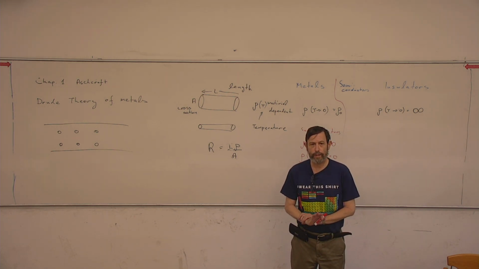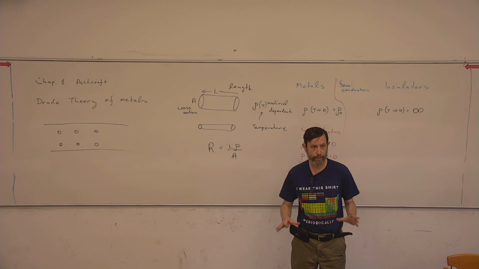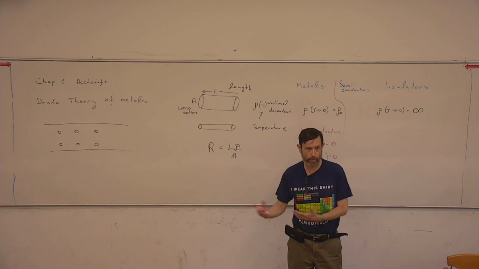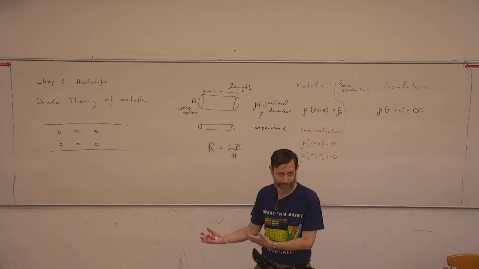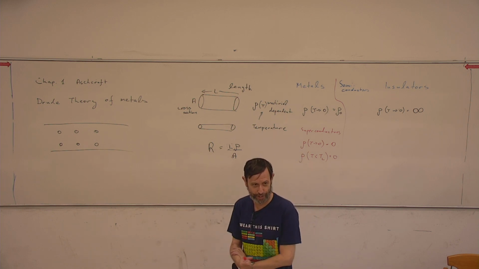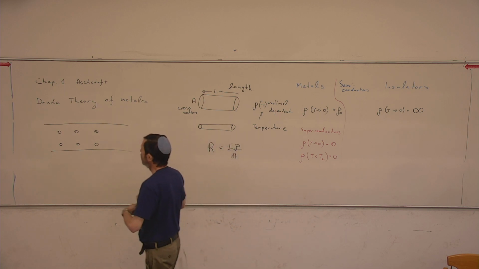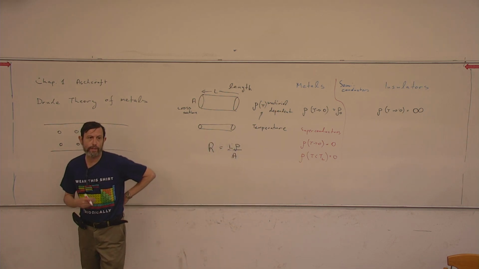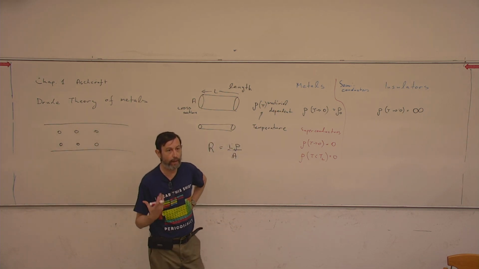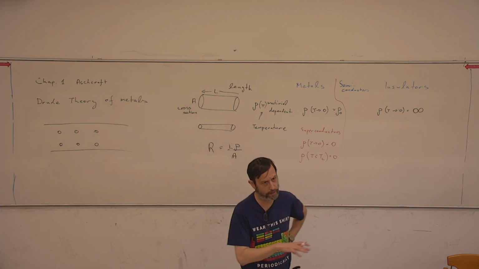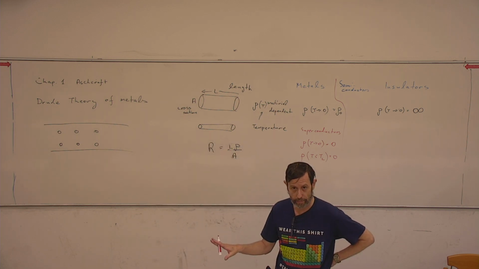And Drude, without having a good reason for it, remember Bohr was just 5 years in the future, decided that some of the electrons are very strongly bound to these atoms, meaning they are out of the game.